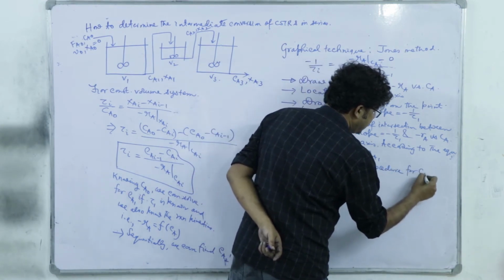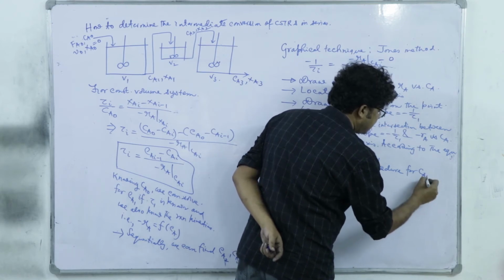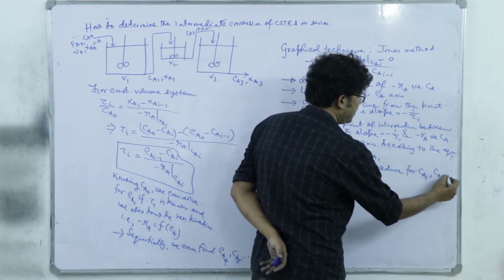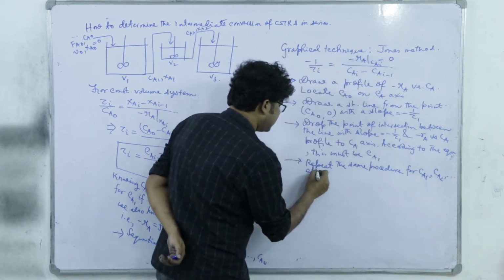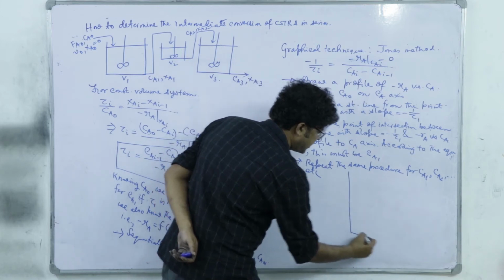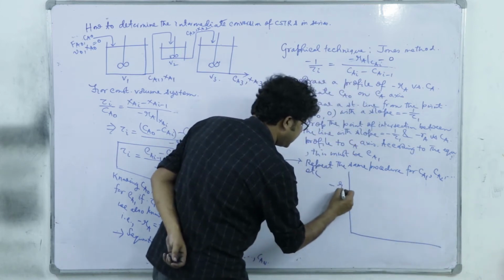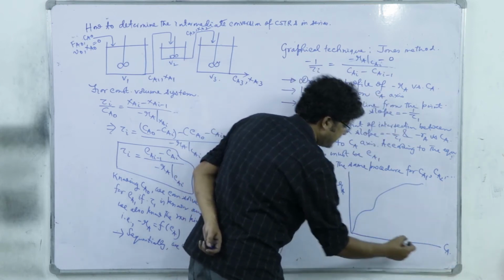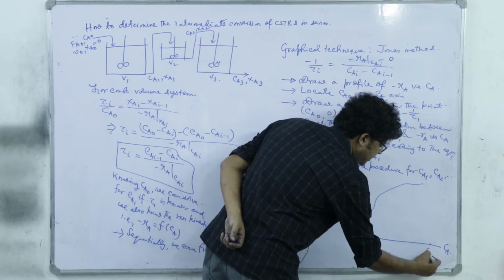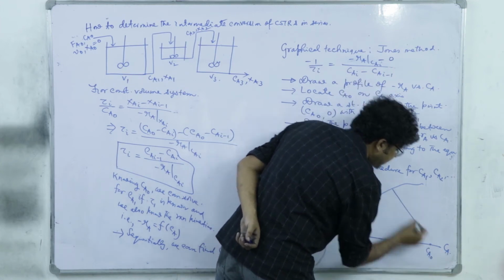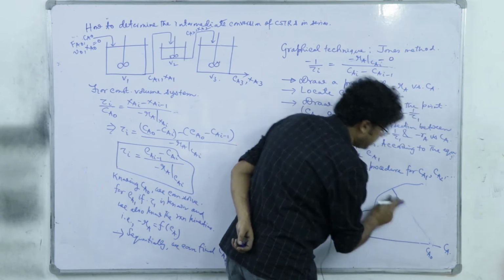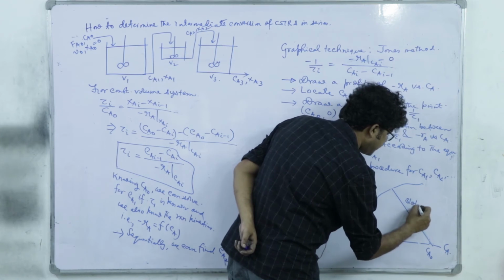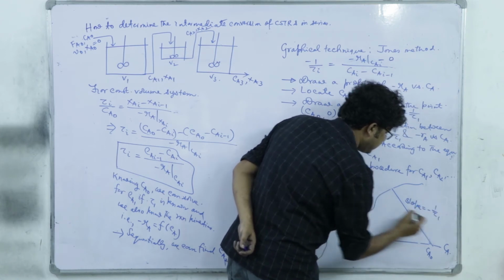for Ca1, Ca2, etc. So what is the graphical interpretation? If I have minus Ra versus Ca, any arbitrary kinetics, right, you locate the point Ca0 and draw a straight line with a slope equal to minus of 1 by tau 1.